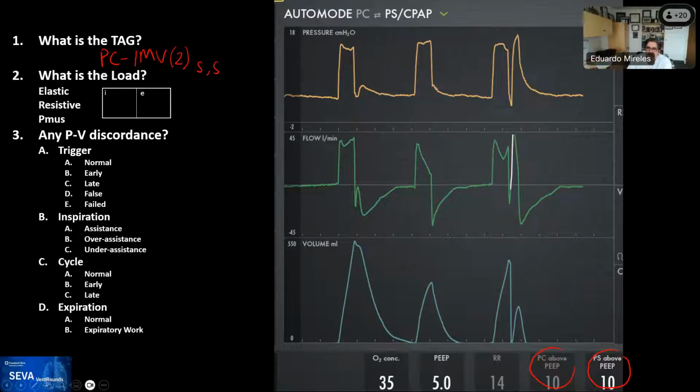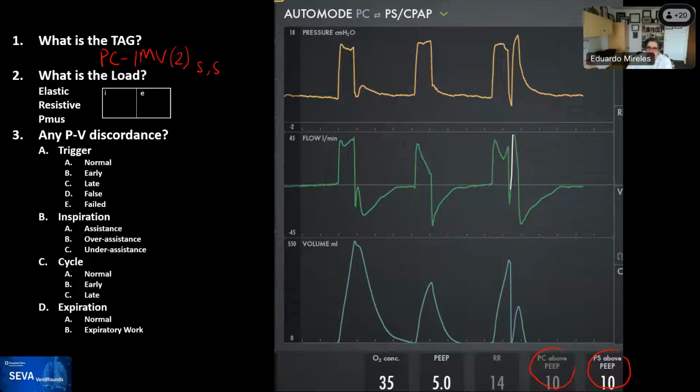And remember, you can see both the inspiratory phase as well as the expiratory phase. And sometimes you have, as you all are seeing, the presence of PMUS during inspiration and during expiration.